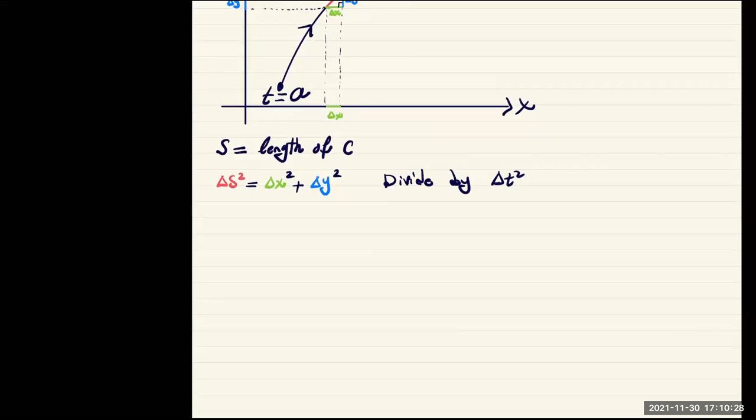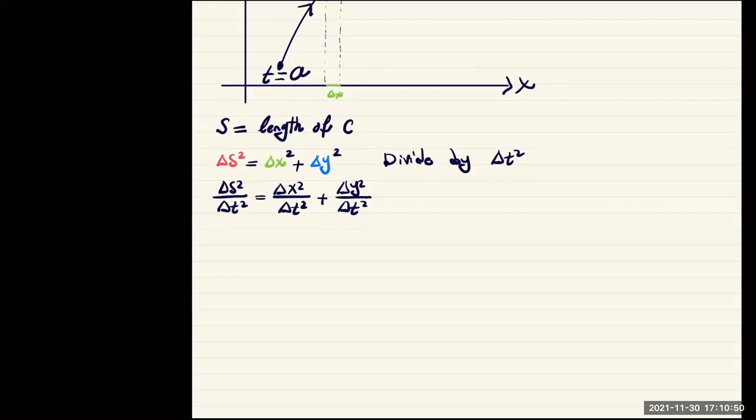And that gives you delta s squared over delta t squared equal to delta x squared over delta t squared plus delta y squared over delta t squared. This is just an equation. You can do whatever you want with that equation.